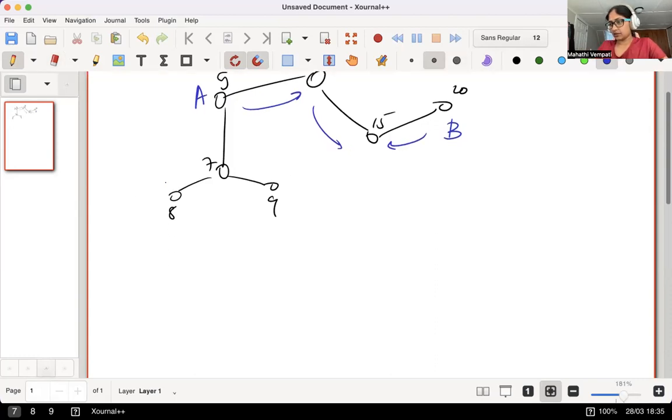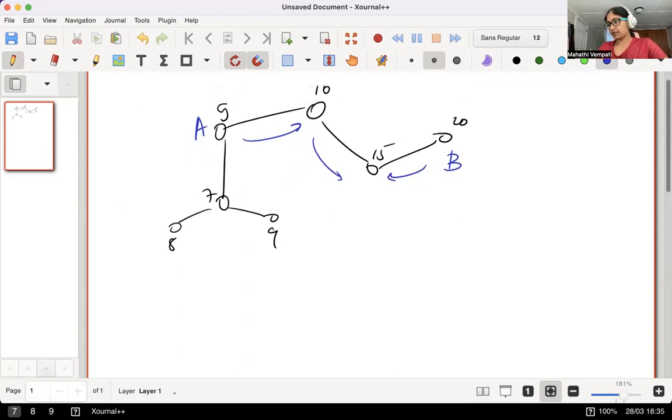What A is trying to do is, at each turn, once A makes a move and B makes a move, the total population traveled till now is counted. So for instance, if A goes from this position to this position, the total population till now is 15. If B goes from this position to this position, the total population is 35, right?